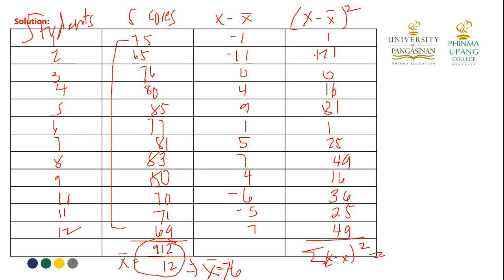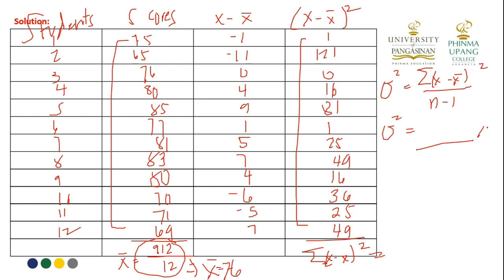Kunin nyo yung summation nito lahat para makuha natin yung variance. Variance is summation of x minus x bar squared all over n minus 1.